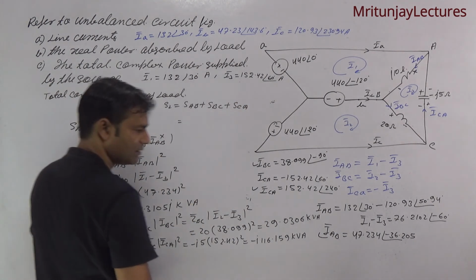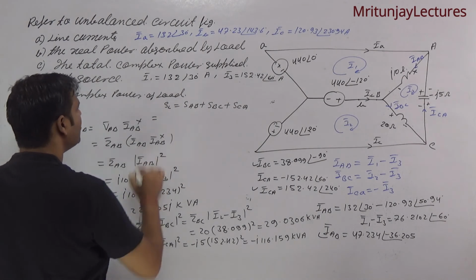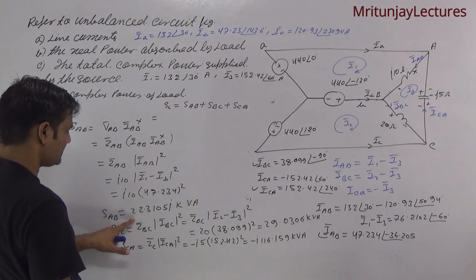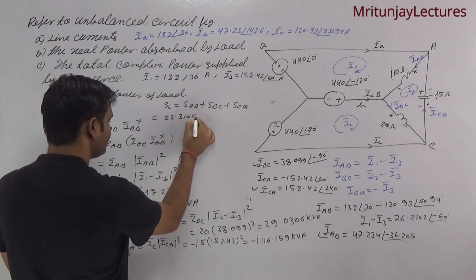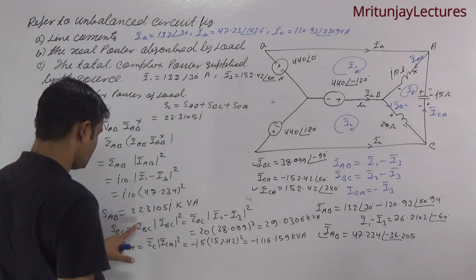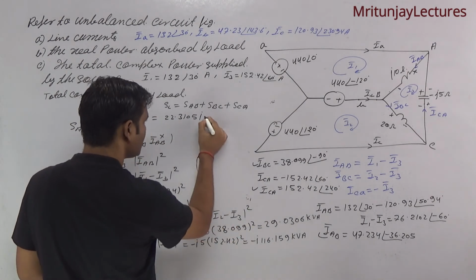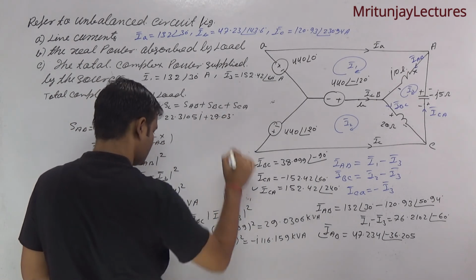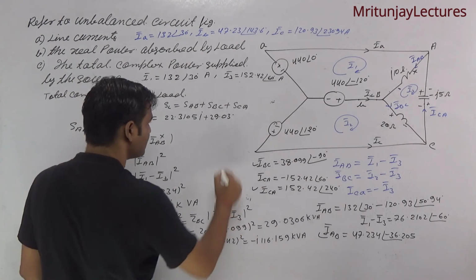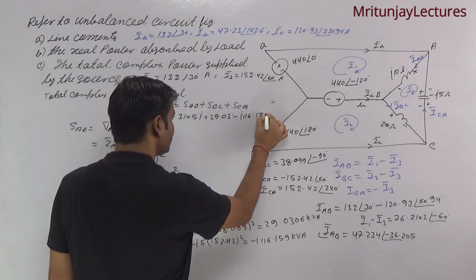Okay, now SL: S of AB is 22.3105 J, S of BC is plus 29.03, and CA is minus J 116.159.